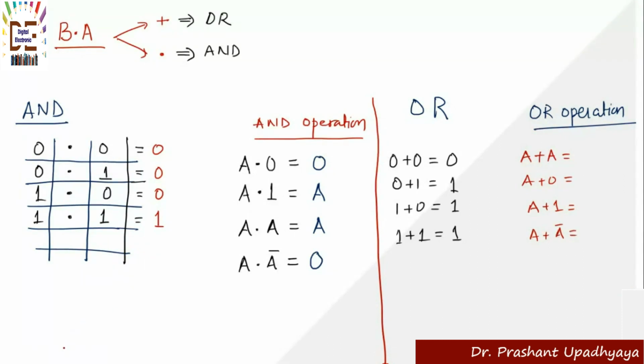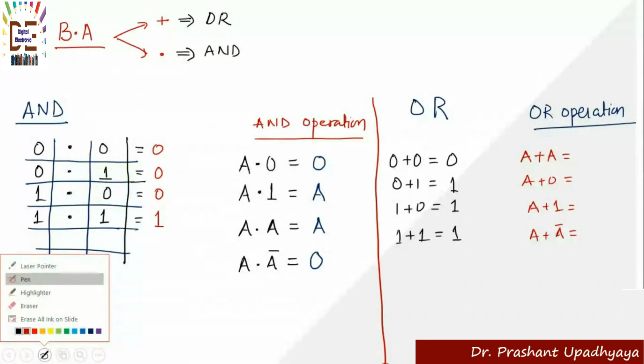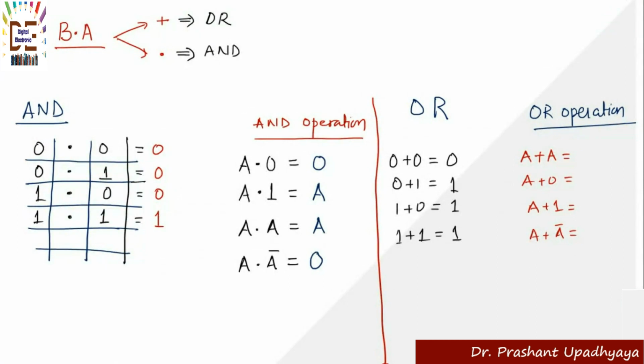Now this is important. What will be a plus a? A plus a will be your a. Yes, a plus a will be a, because a plus a would be 2a, and we don't have a 2. We are not solving that 2. We will save it as a. So a plus a will be your a.